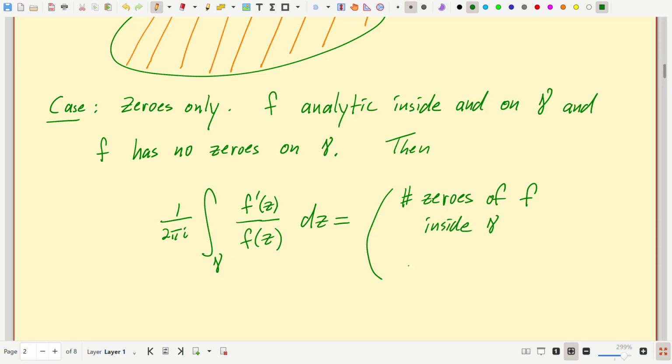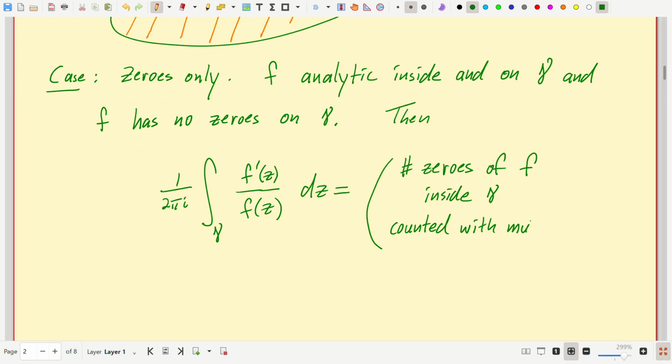And it's important to add that those zeros are counted with multiplicity. So if something is a double zero, it gets counted twice, and a triple zero gets counted 3 times.